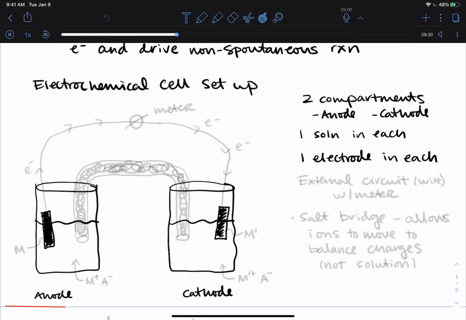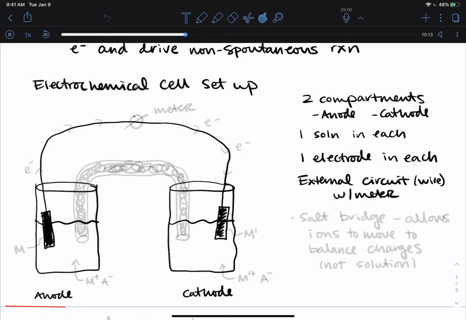So there will also be some kind of external circuit, which is just a wire with a meter. So if these are just little pieces of metal, it'll be a wire with little alligator clips, like the ones they use at the dentist, clipped on here, and then the wire is going to connect with another alligator clip to this other electrode in the other solution.